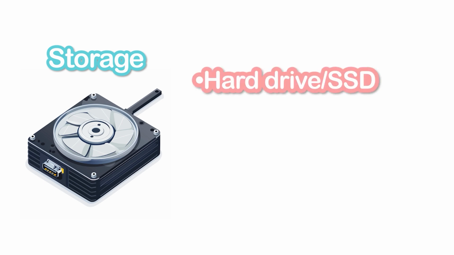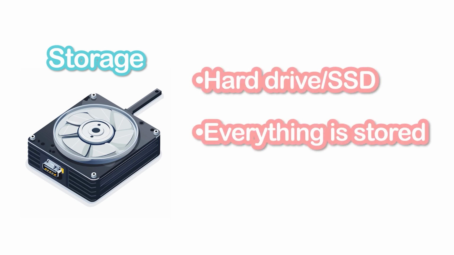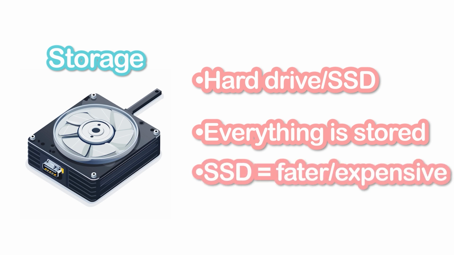Storage, hard drive or SSD. This is where all your files, documents, photos, and software are stored. The hard drive, or HDD, and solid-state drives, SSD, serve this purpose, with SSDs being faster and more reliable, but typically more expensive than HDDs.